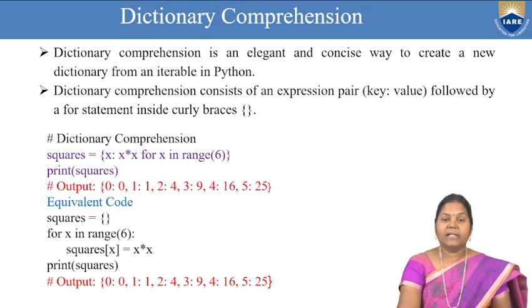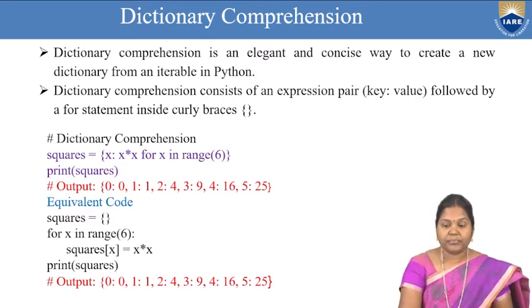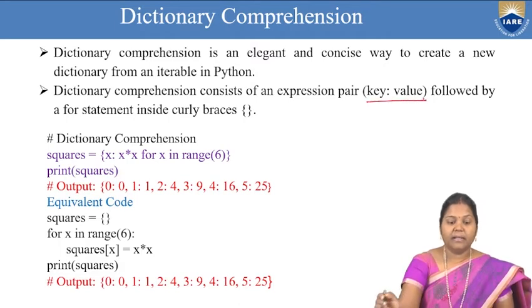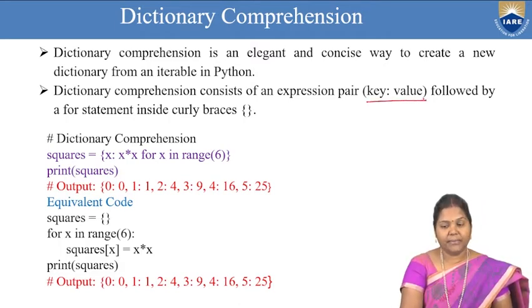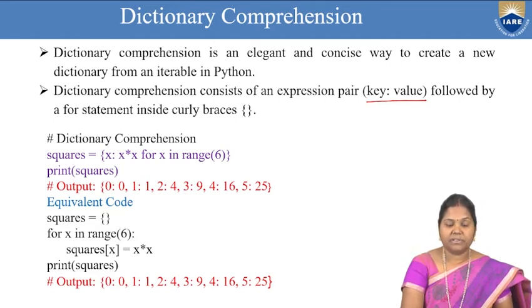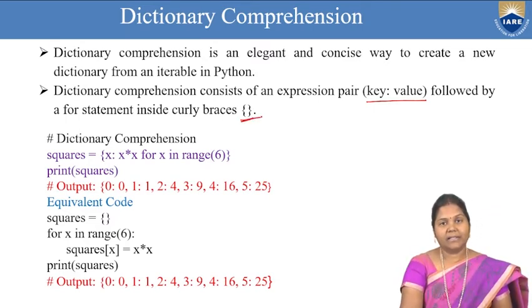Dictionary comprehension normally consists of an expression pair. That expression pair is in the form of key value only, followed by a for statement, and which is enclosed within the curly braces. This is the standard definition of a dictionary comprehension.